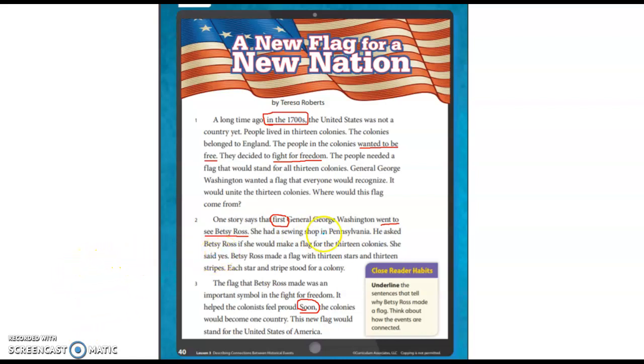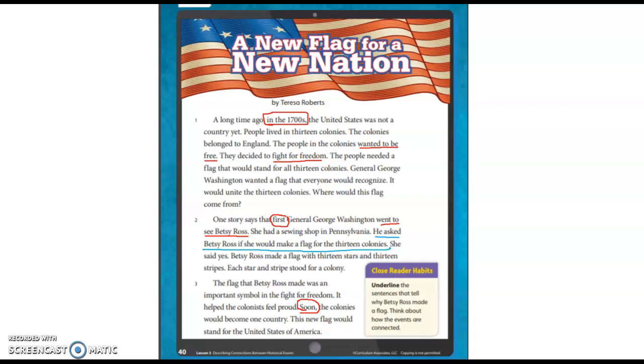Okay, you probably said because George Washington asked if she would make the flag. So there's some cause and effect in this text also.